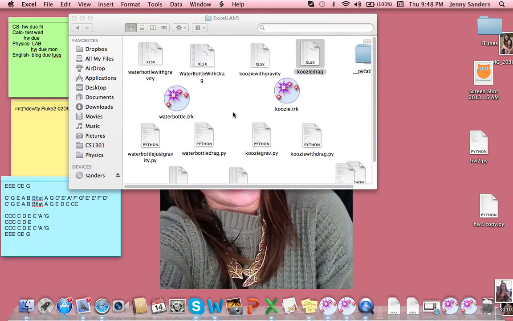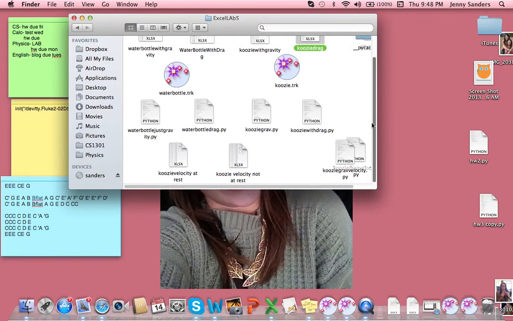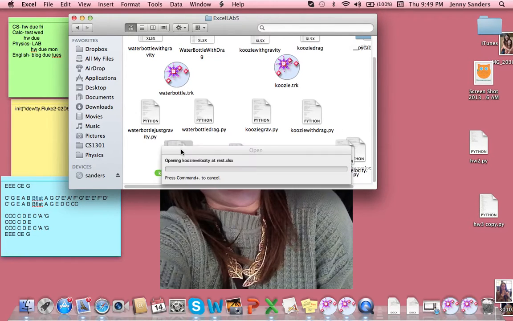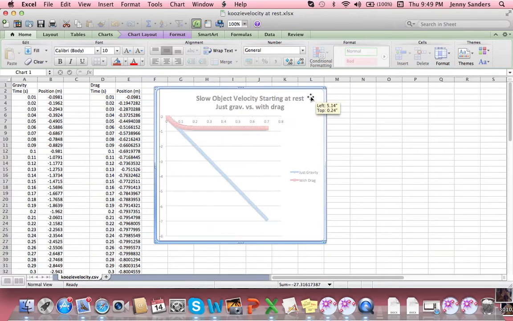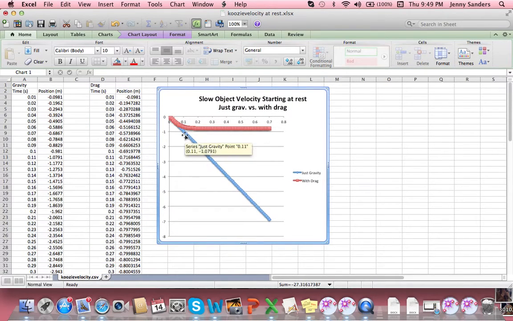For the what-does-it-mean question, I took the velocity. I did a computational model and found the velocity. As you can see, the blue one is affected just by gravity, and the red one is affected by the drag as well.